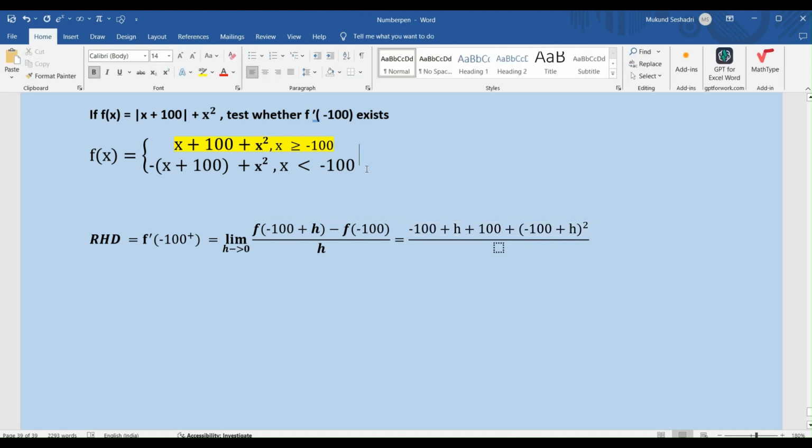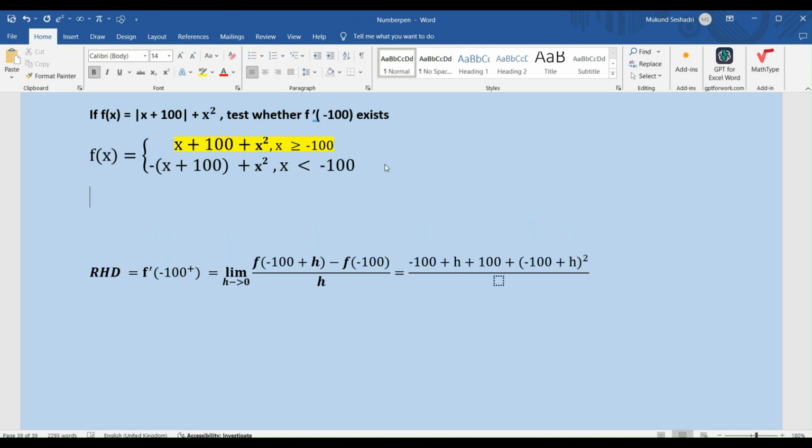So what is our f of minus 100? Let's calculate that because that's going to come in handy for both our LHD and our RHD, right? So let's write that separately because it is a quadratic equation. My f of minus 100, again, is going to take the equation which is highlighted in yellow, right? Because that equation is applicable for all x greater than or equal to minus 100. So wherever I have x, I can comfortably substitute it by minus 100, right? And what is this?